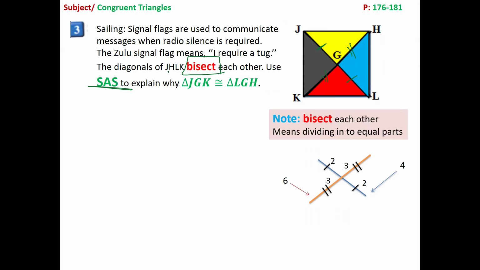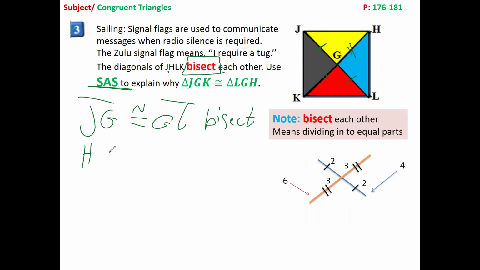Why? Because I already know JG is congruent to what? It's equal to GL. Then why? Because it's given, or you can say because it's bisected. Both of them are exactly the same thing. Next one, HG is congruent to GK.